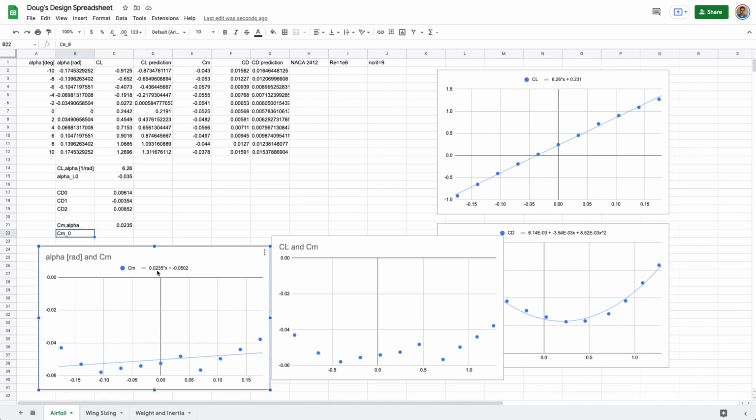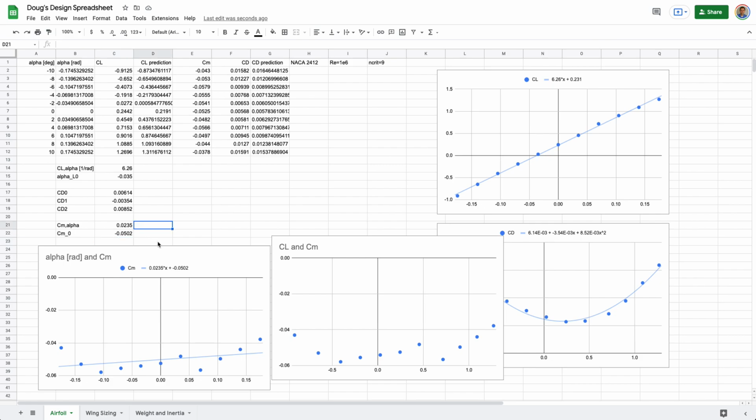Actually, it's when x is equal to 0, when we put in a 0 for the angle of attack. So from this equation it would be minus 0.0502. Okay, so that's our prediction for the pitching moment at 0 degrees angle of attack, and it's actually where this line crosses, not where the data is. It's what this line is predicting.